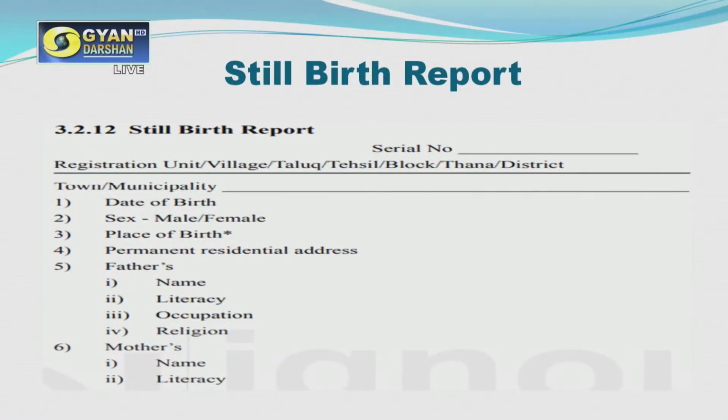Then there are many other reports which are very important. Maybe from your village, one or two stillbirths or live births or deaths are reported, but this is just the data.